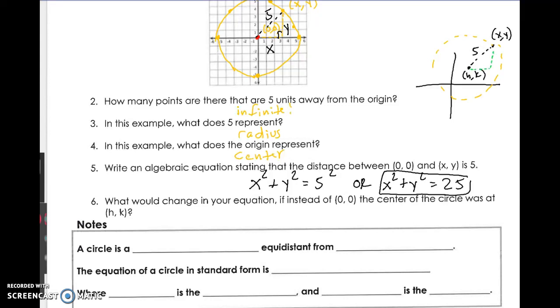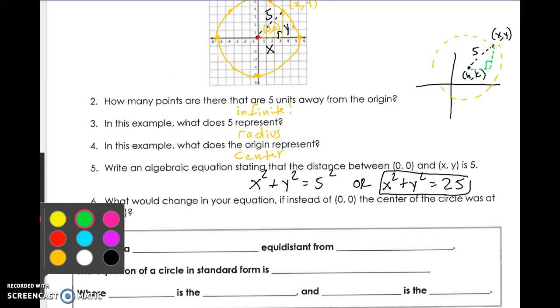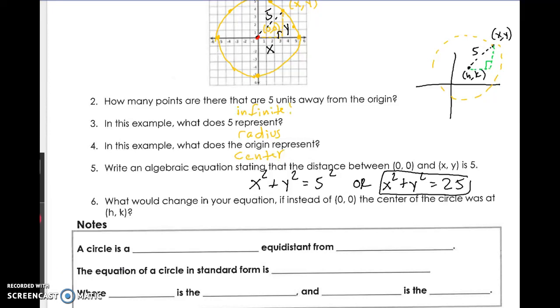So once again, we want to figure out how long those two lengths are in our right triangle to figure out the relationship with the hypotenuse. So the key is the strategy I showed you a little bit earlier, which is to figure out how long this x distance is. What we would use is the difference between x and h. If you subtract them, that's how long that side is. Likewise, this side length would be y minus k.